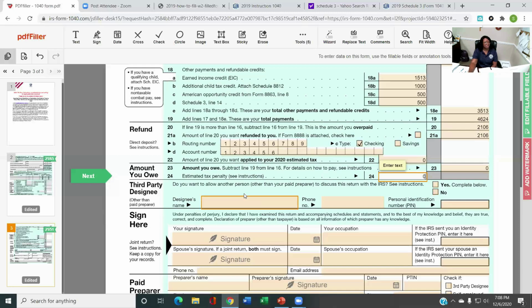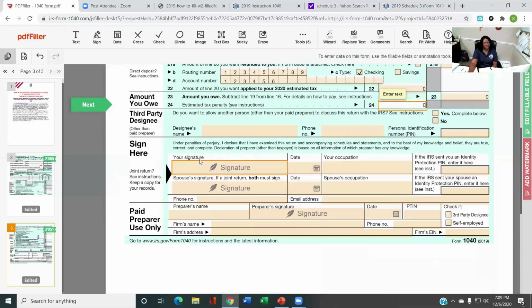So you put the daughter's name, the daughter's phone number, and the IRS would have provided her with a PIN number. So that when the daughter called, she'd say, I'm calling in reference to the 2019 taxes, and the PIN number is, and that way they verify the PIN number before they even talk to you.